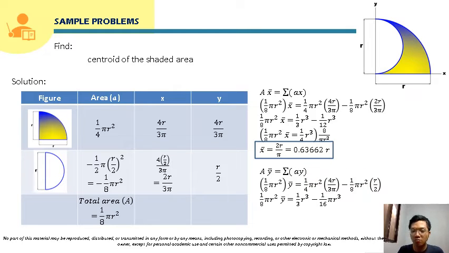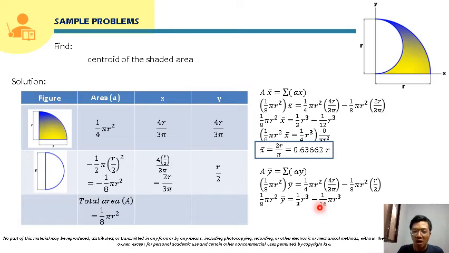Solving for this first, pi will be canceled here, and 4 will also be canceled. What will remain here is 1/3 r cubed. Here, this will become 1 over 8 times 2, so 1 over 16 times pi times r squared times r, that will be r cubed.